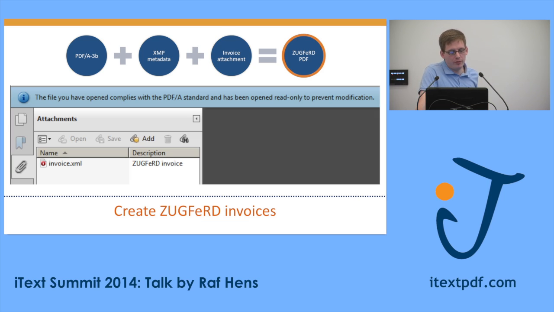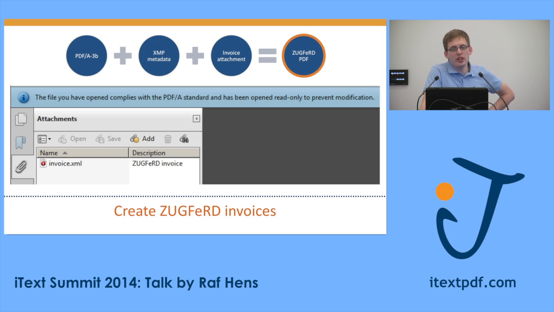If we take a look at this file, you will see the file we have created with this code. It's a PDF A file, and you can see it has an invoice attachment, and it's described as a ZUGFeRD invoice. So in iText we have implemented this from the PDF point of view.